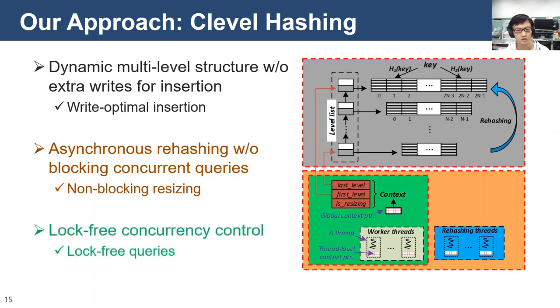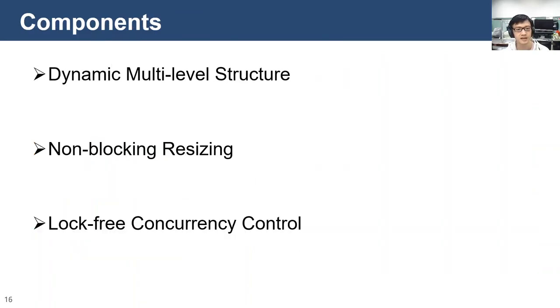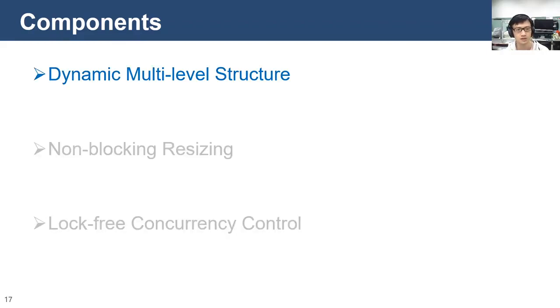For concurrency control, atomic primitives are leveraged to enable lock-free operations for all queries. There are three main components in our design, namely dynamic multi-level structure, non-blocking resizing, and lock-free concurrency control. Next, I'll introduce the dynamic multi-level structure.